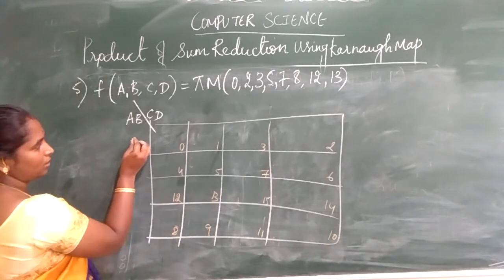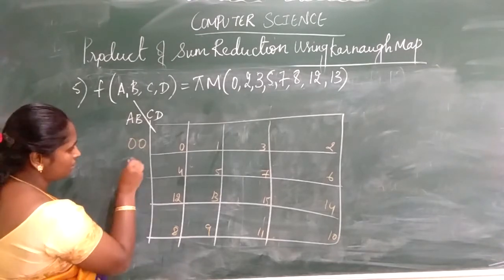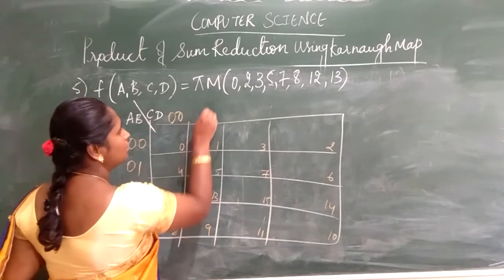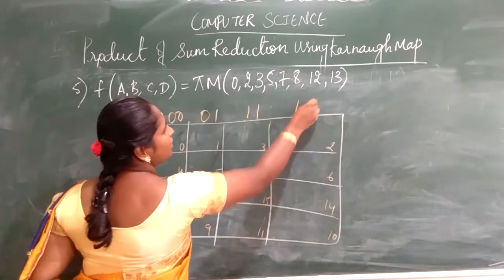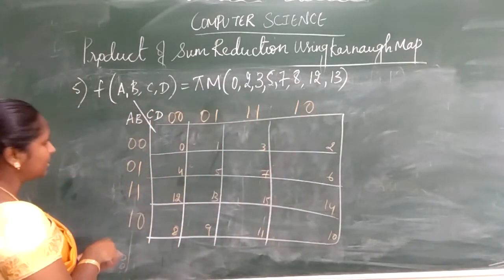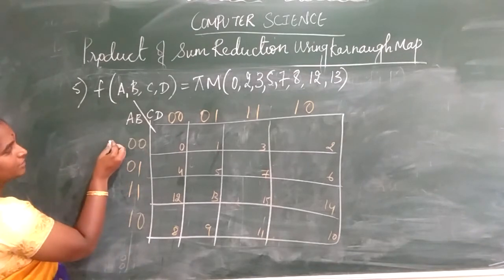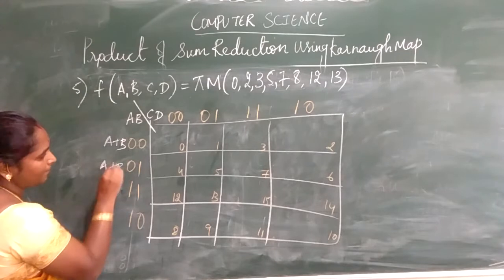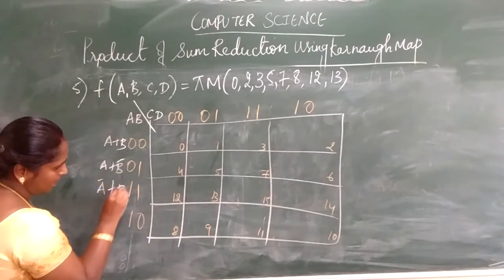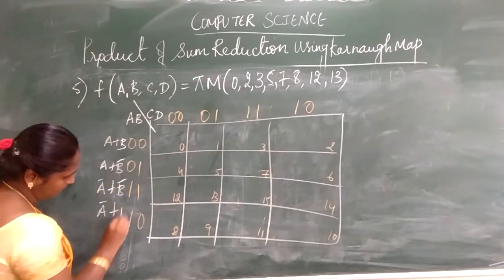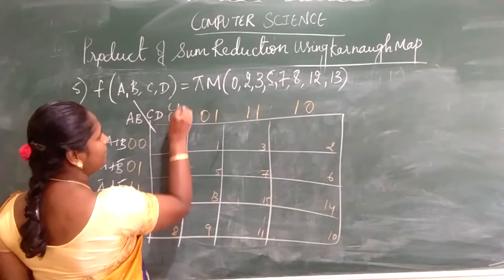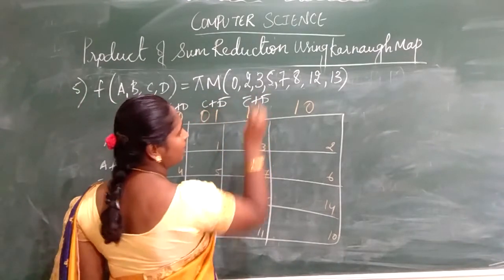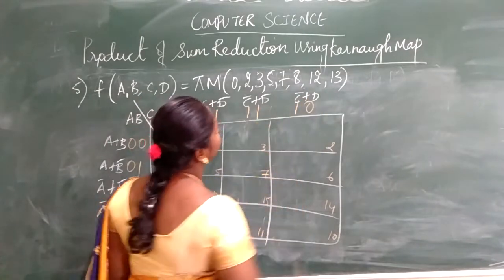Then you represent the grey codes 00, 01, 11, 10 and 00, 01, 11, 10. Then you represent the expression in the form of sum terms: a plus b, a plus b bar, a bar plus b bar, a bar plus b. Here c plus d, c plus d bar, c bar plus d bar, c bar plus d.